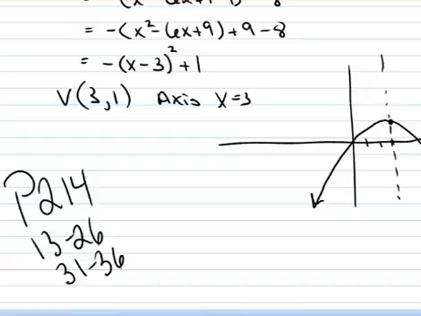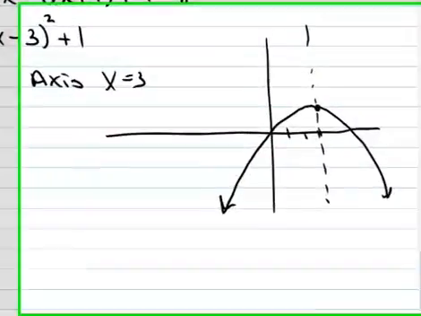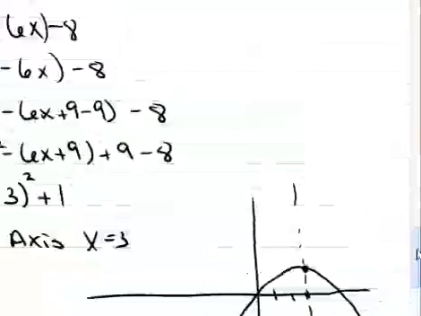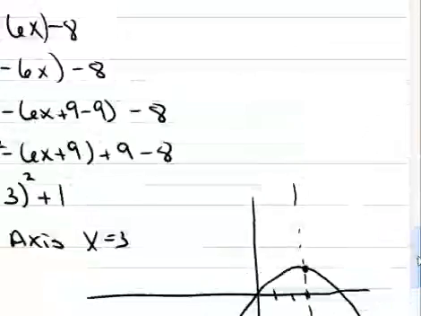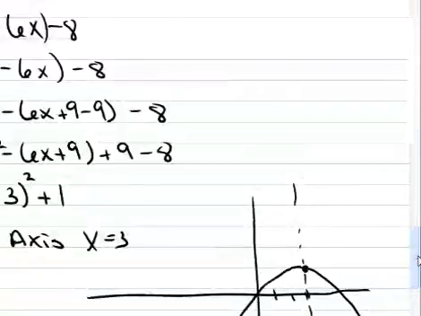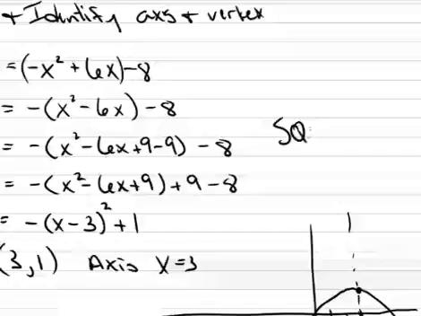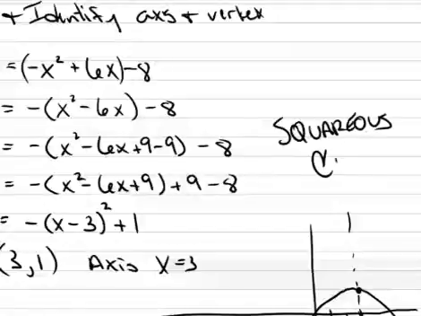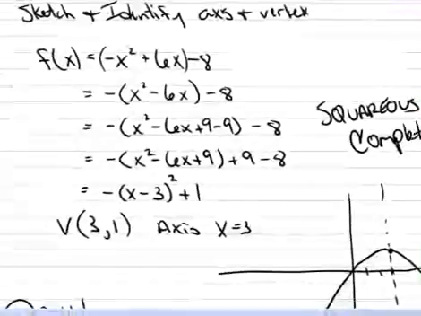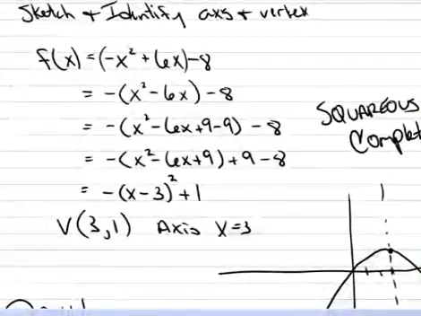Oh, Amelia. This procedure, Amelia, this procedure right here is called completing the square, or squarius completus.